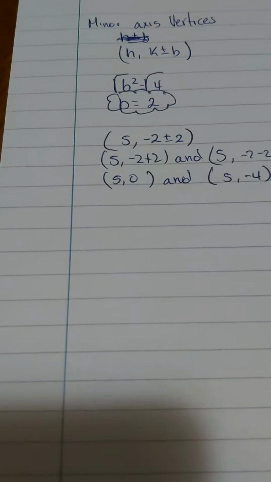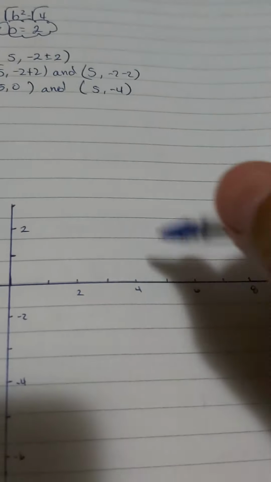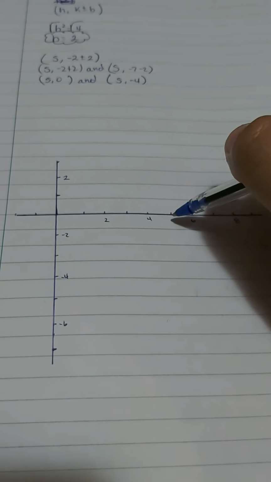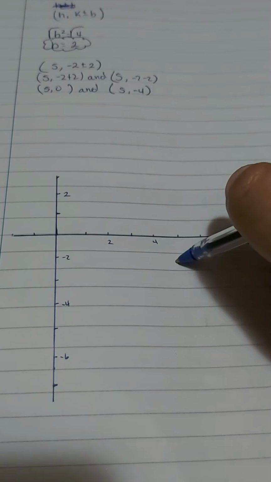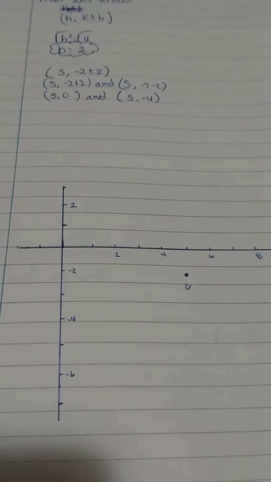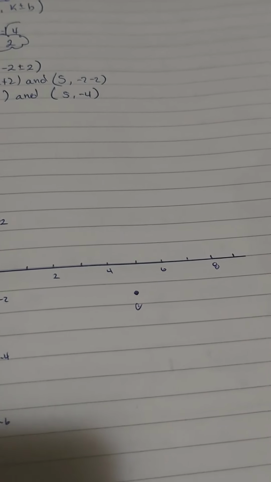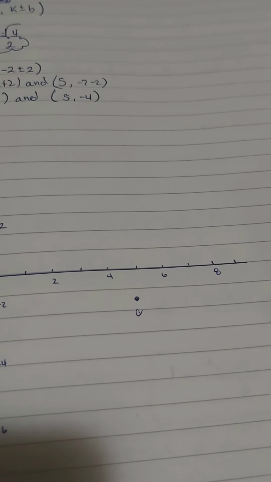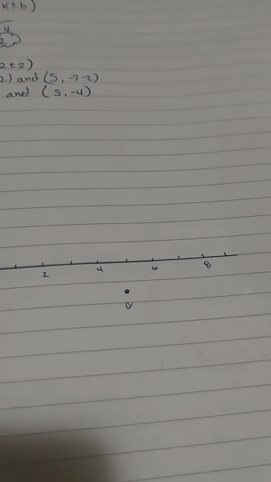Now we can sketch our graph. So the center was located at 5, negative 2, C for center. The foci were at 5 plus minus square root of 5, negative 2.